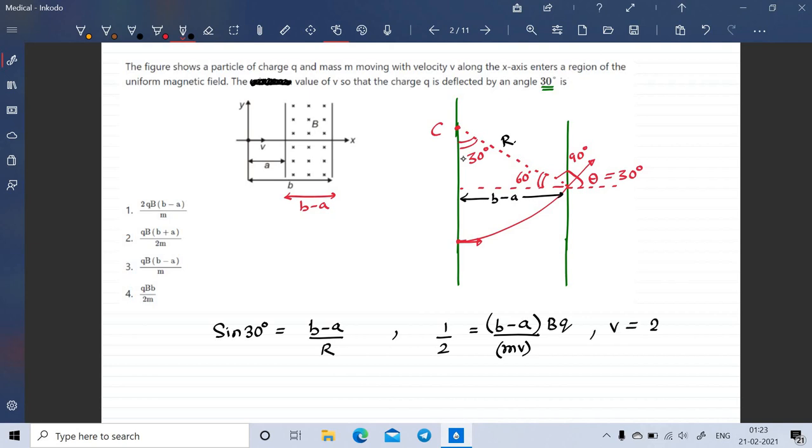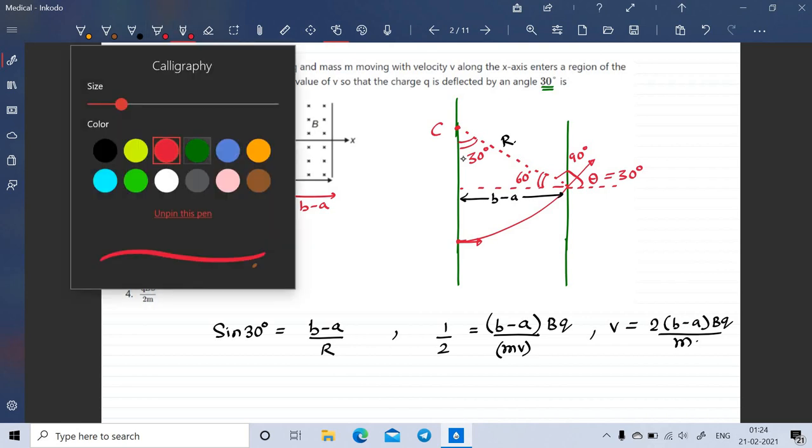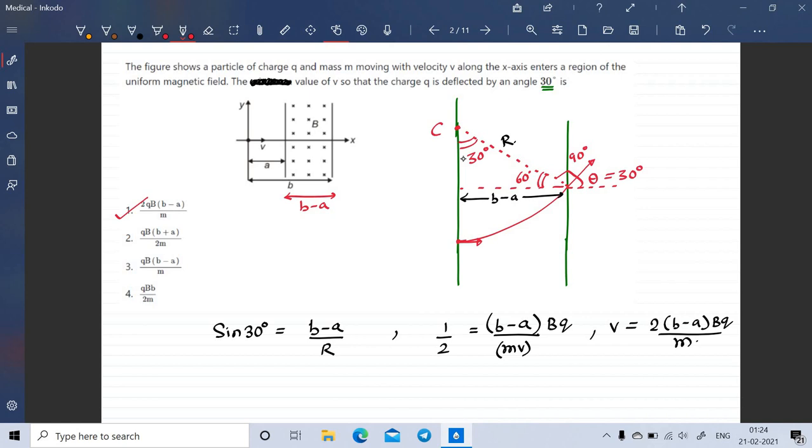So V, if we find out, this matches with option 1. Right? This matches with option 1. Clear? Okay.